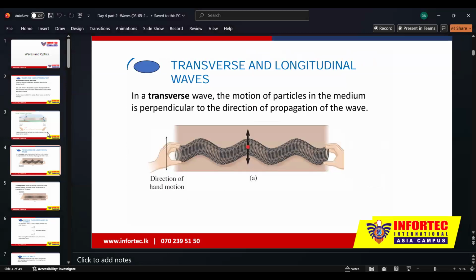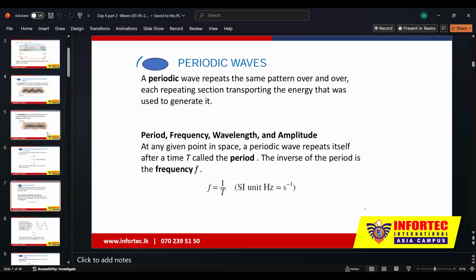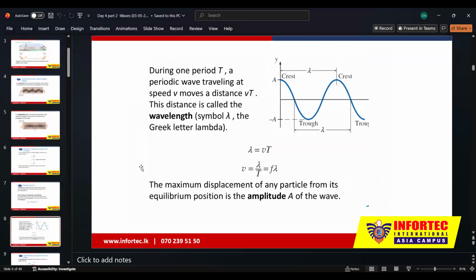Then you have to remember the equations, transverse and longitudinal waves, and what is the period of the wave. And if they are giving the graph, then you have to understand what is the wavelength lambda, amplitude A, and the equation V is equal to F lambda. Then we can find it using the graph.